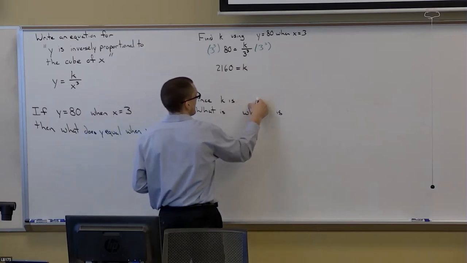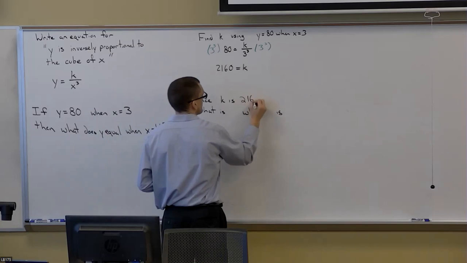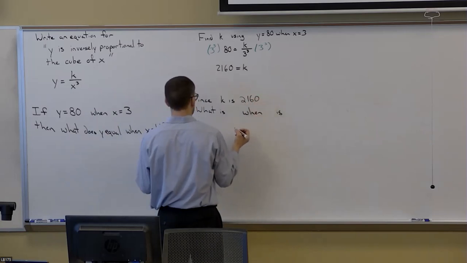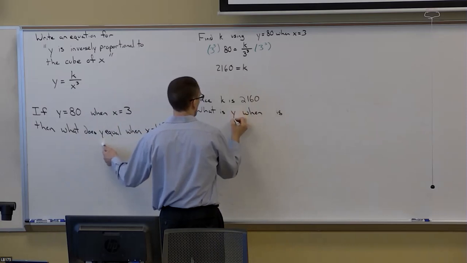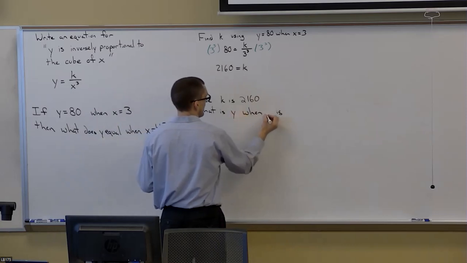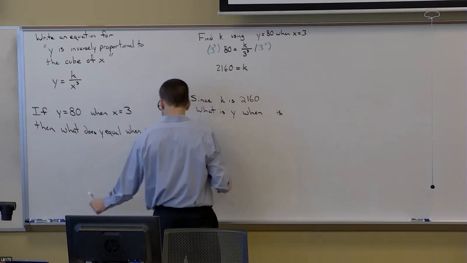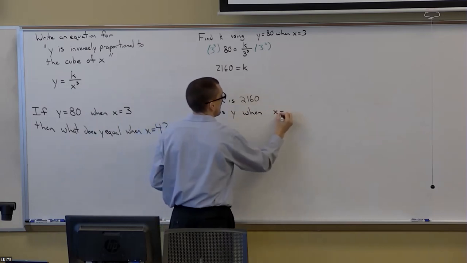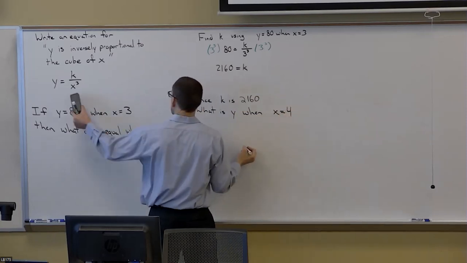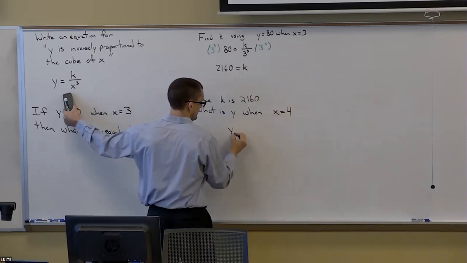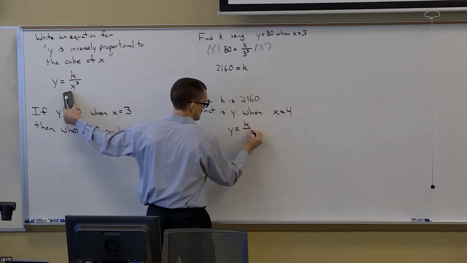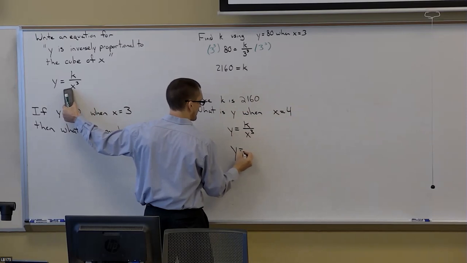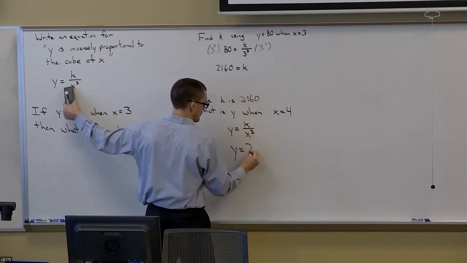So since k is 2,160, what do you say y is when x is 4? So I go back to my equation. I know k is 2160.